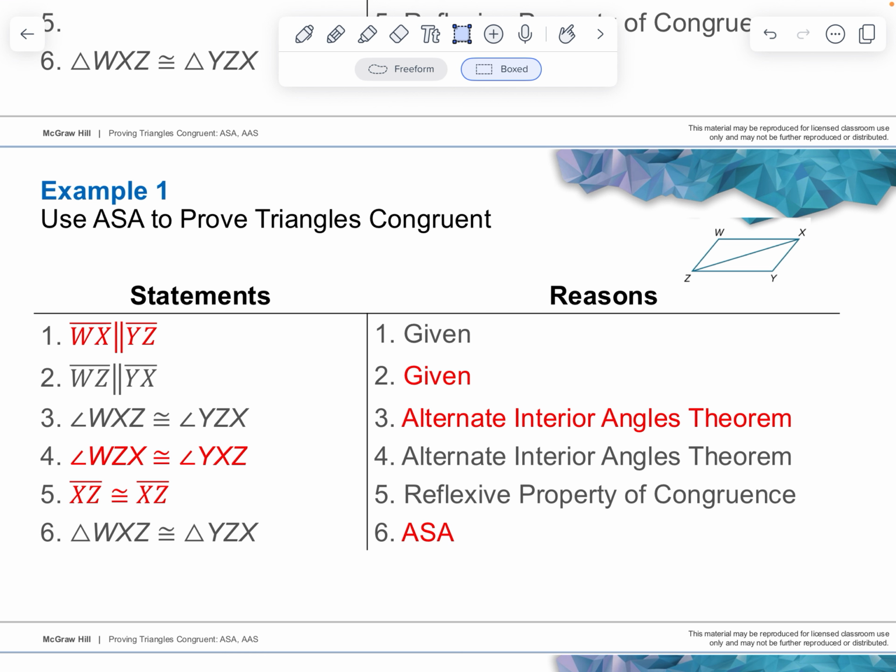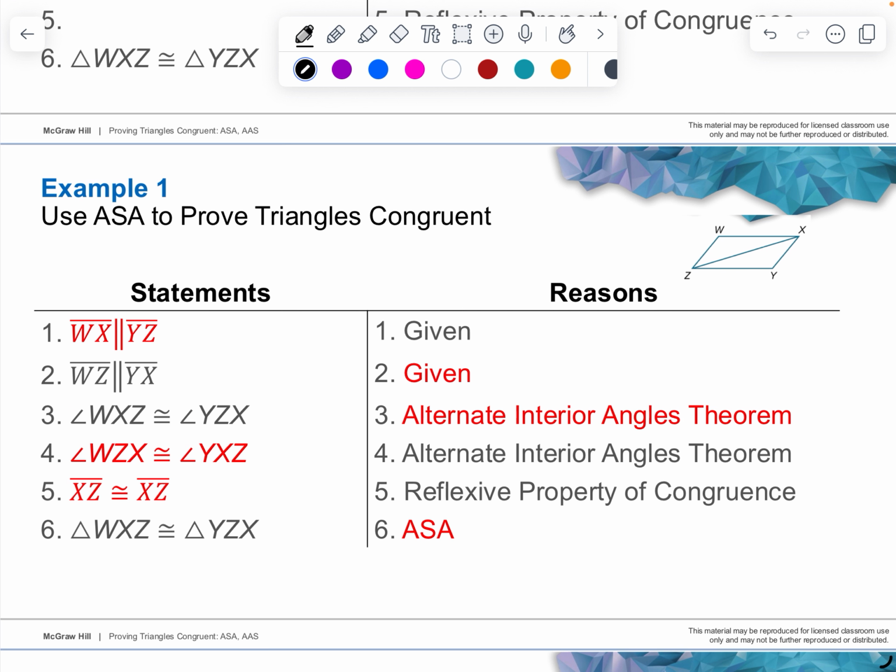Okay, so here's all the answers, and we've got WX parallel to YZ because of given, and WZ parallel to XY because of given.